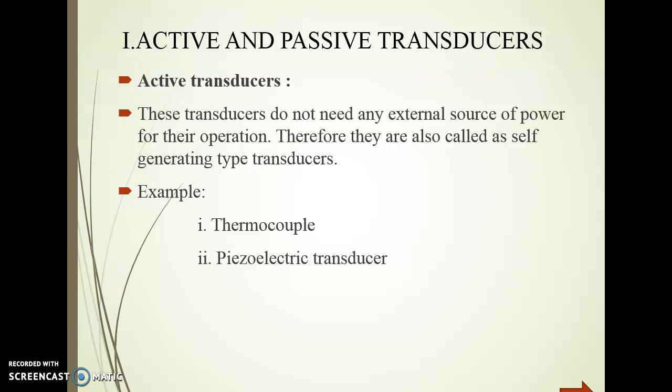An example of an active transducer is a thermocouple, which is used to measure voltage based upon the temperature. Based upon the temperature, the voltage varies. In a piezoelectric transducer, when we apply force on the axis of the piezoelectric crystal, we can measure voltage at the edge of the crystal.